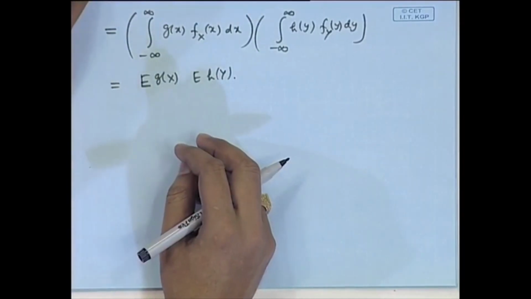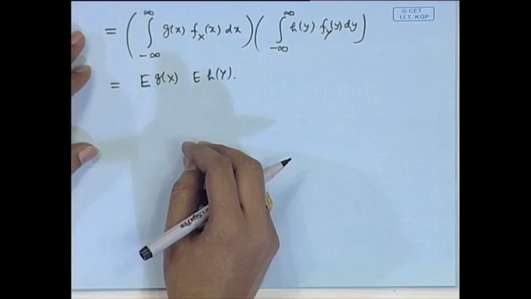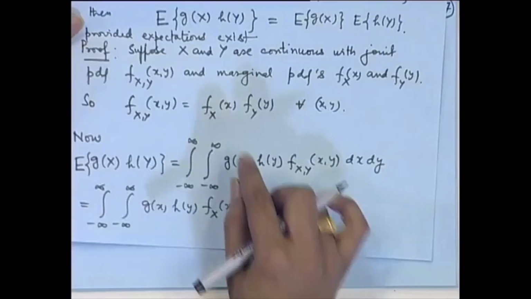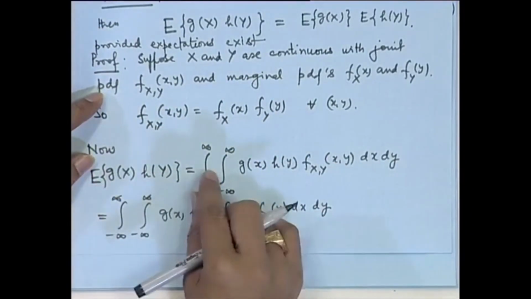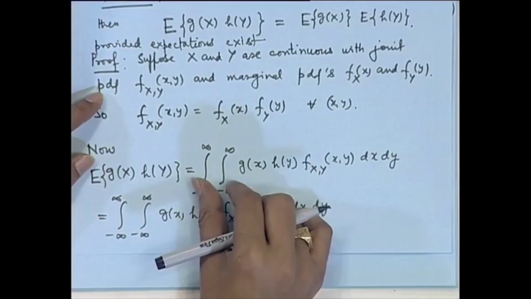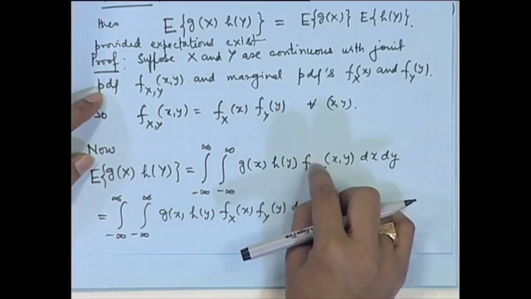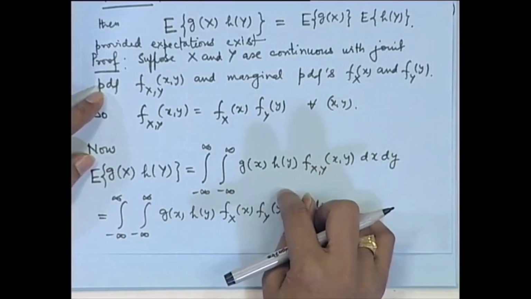So, the expectation of a product is equal to the product of expectations in case of independent random variables. A similar proof can be given in case the random variables are discrete, because here the integrals can be replaced by the summations and the density function can be replaced by the mass function.